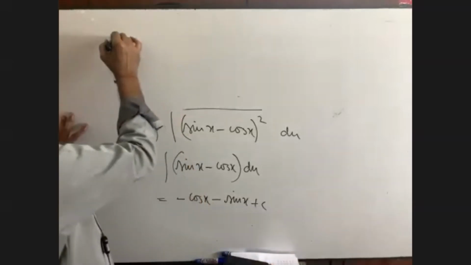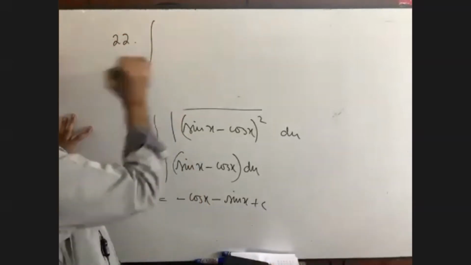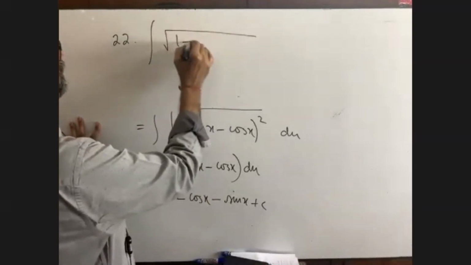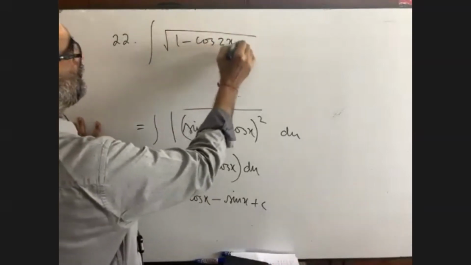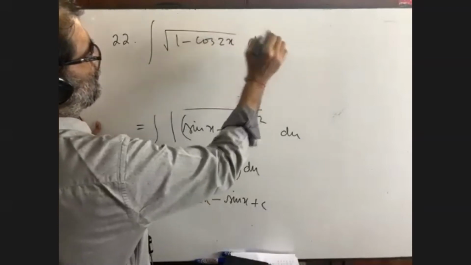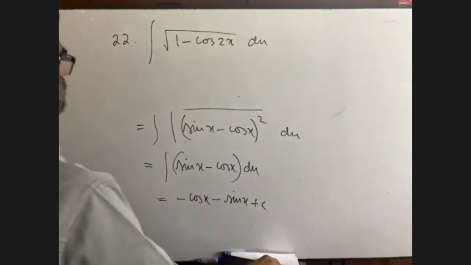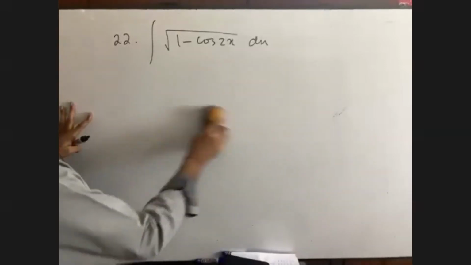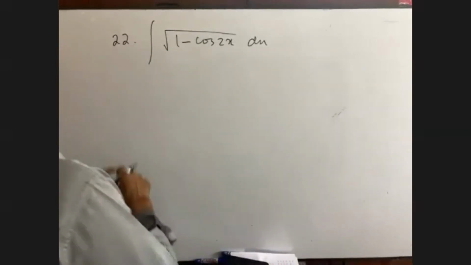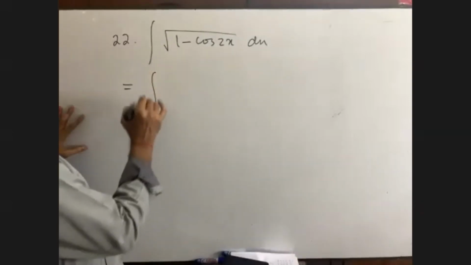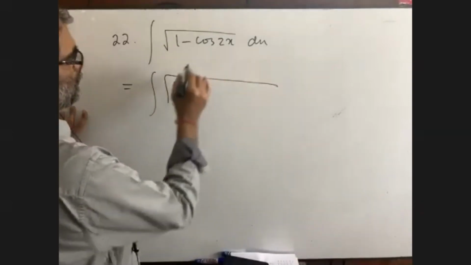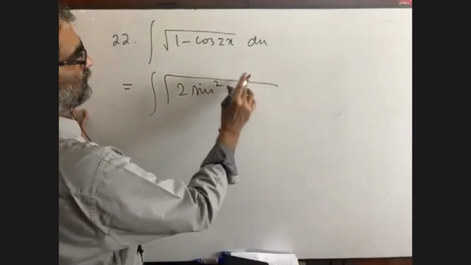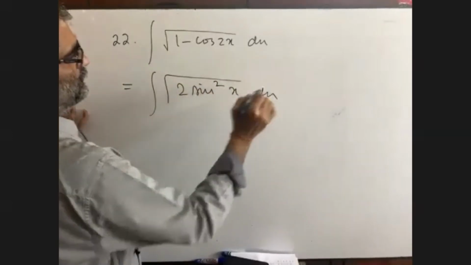22. Root over 1 minus cos 2x dx. Okay, can you do it? Or who can do it? Don't be afraid of seeing the math. It is what? 2 sin square x. Is it or not?